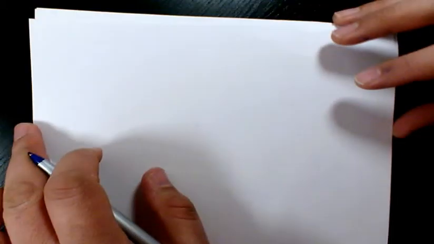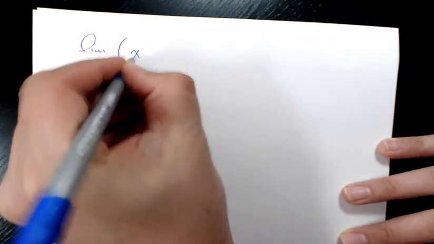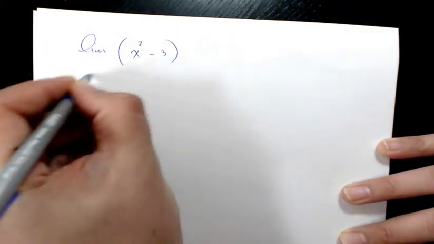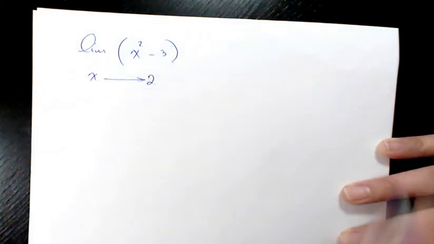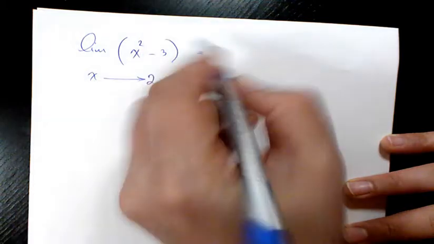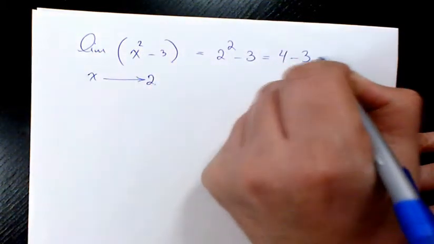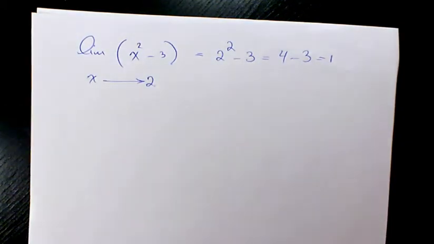Next example, it says limit of x squared minus 3 when x is approaching 2. Again, if you want to evaluate the limit, you're going to say 2 to the power of 2 minus 3 is going to be 4 minus 3 equals 1. So L is 1.